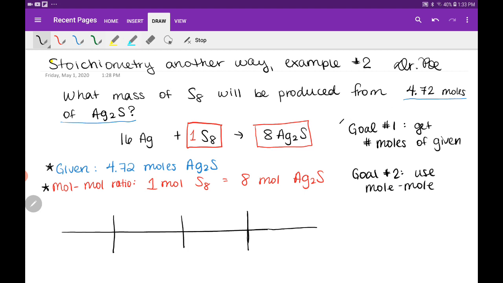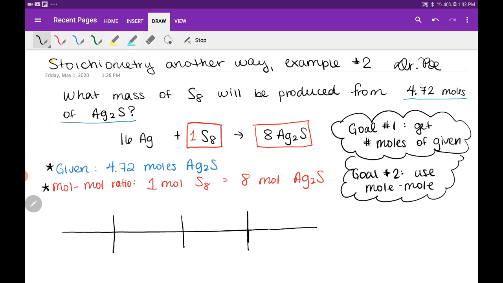We need to get moles of the given so that we can use our mole ratio. Okay, so from here we've already identified the given and the mole ratio. Might as well identify what we want as well, and we want what is the mass of S8. So mass is going to be in grams, so what's the number of grams of S8 that we can get when we're given 4.72 moles? A really weird number of moles of Ag2S.